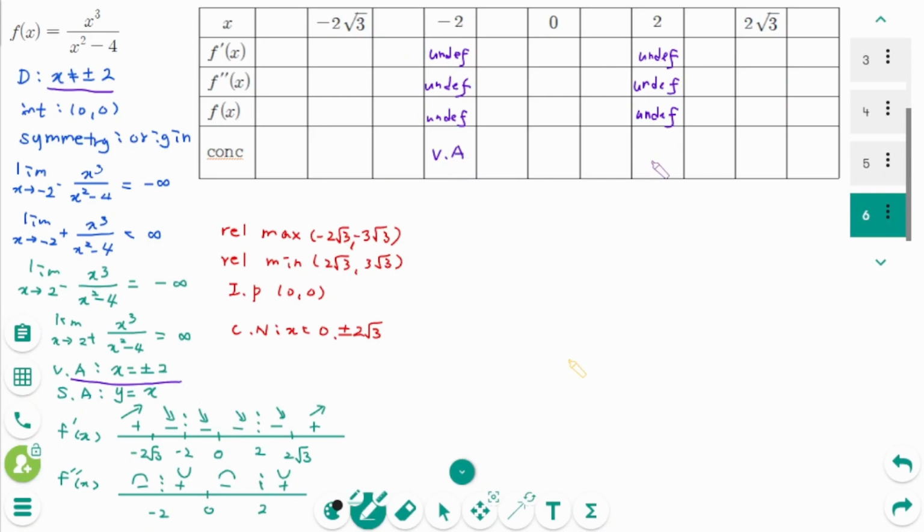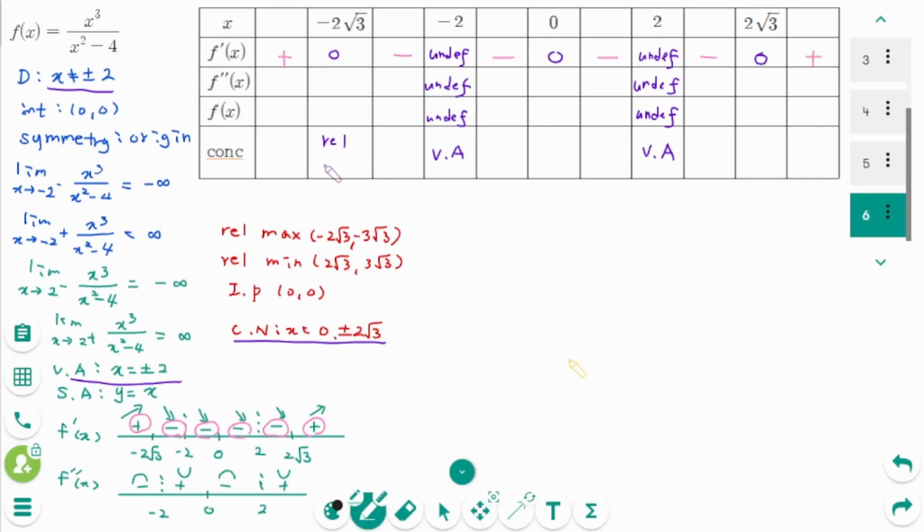Vertical asymptote is here. F prime of x is 0 when x equals 0 and plus or minus 2 square root of 3. This one, this one, this one. Then positive, negative, negative, negative, negative, and positive.